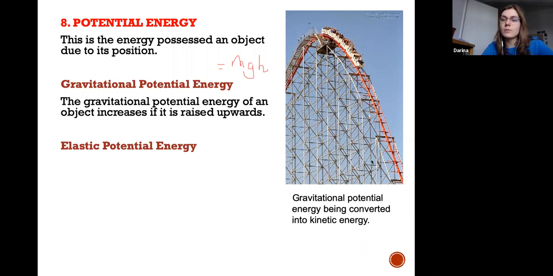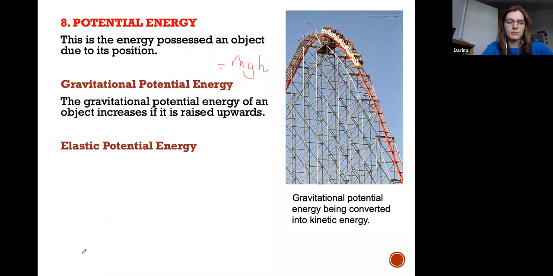That is when we stretch a spring or elastic band, anything like that. If we keep it stretched, it's going to want to spring back, so we are keeping it at a particular potential energy. When we let go, this stored energy is going to make it move really quickly and spring back into shape.